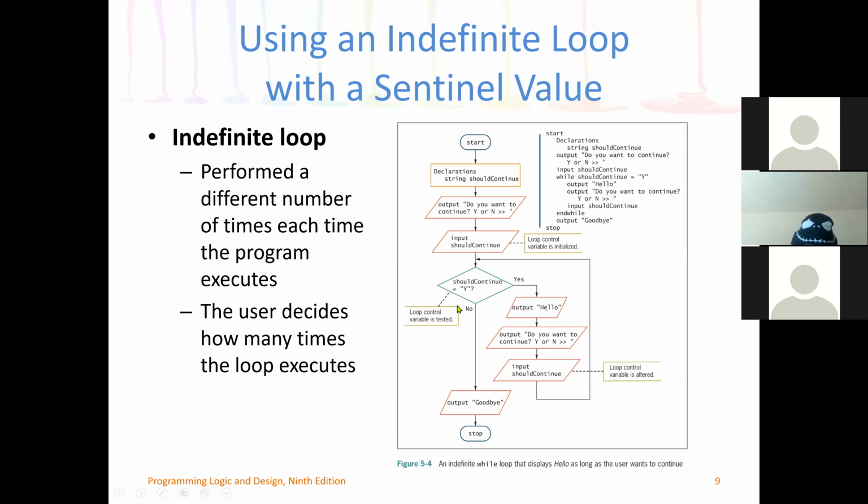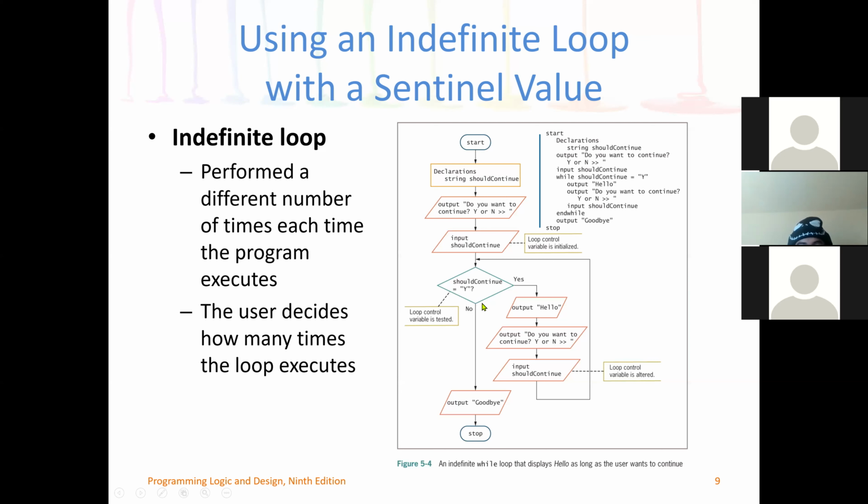Here, basically, if you look at the condition, we are saying that should continue is equal to yes. So any time we have to enter the input, that's what is here: do you want to continue, yes or no? If I say yes, this condition will be true, should continue equal to y. If it's true, then we do something. If it's false, which is if we enter n, then we go out of the loop.